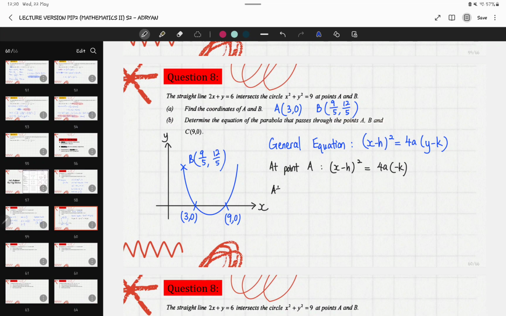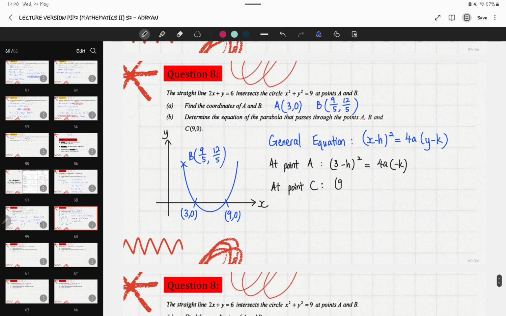So what about the second equation? At point C, x is 9, having substituted 3 for A just now and 9 for this one. So (9 minus h) squared equals 4a times negative k also. Okay, so we have two equations here.